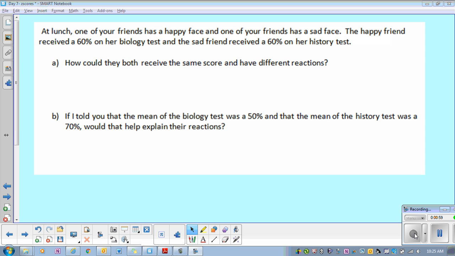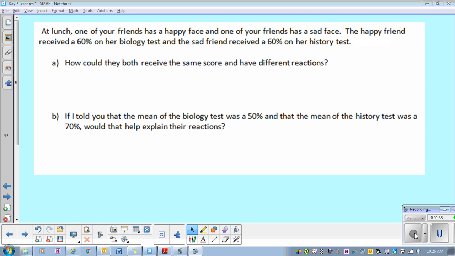Well, how about this? If I told you that the mean, or the average, of the biology test was a 50%, and the average, or the mean, of the history test was a 70%. Does that make you think, oh, okay, I get it? Yeah. One's above average and one's below average. Bio test, if the class average is a 50 and you score 60, you did 10 points better.